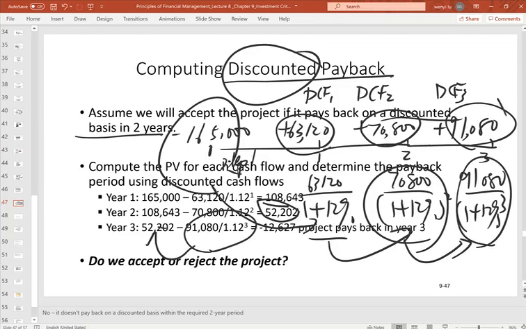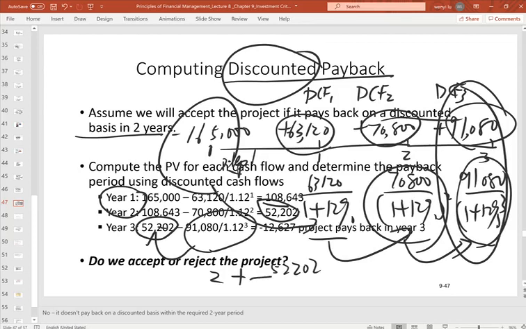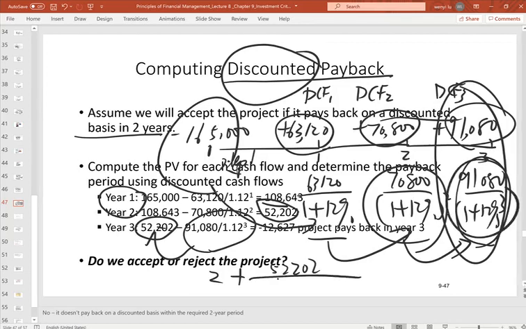So in this year, you have all the cash flows recovered. To be more accurate, you can use 2 years passed, plus the remaining balance 52,202 over these numbers, and you will solve the exact number when you recover all the initial cost.